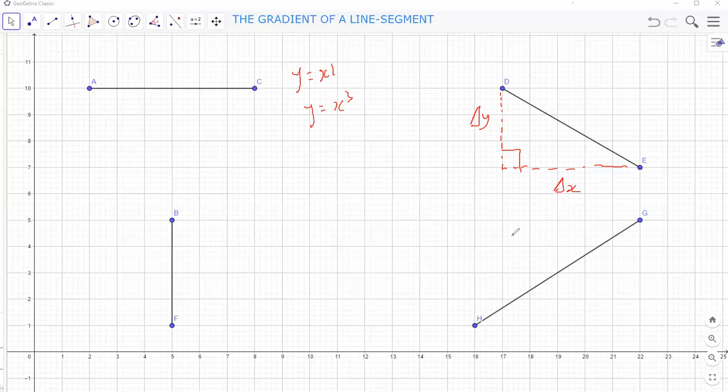And I said we describe that change as a ratio. We use the symbol m commonly for the gradient. So we will say this is changing y over changing x.